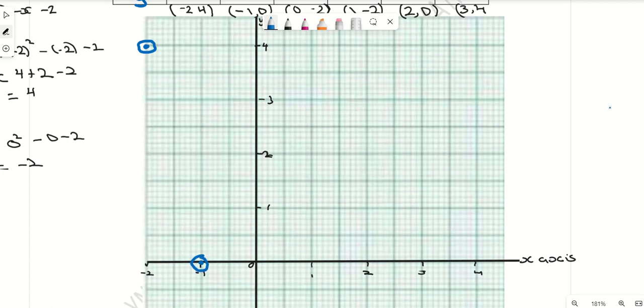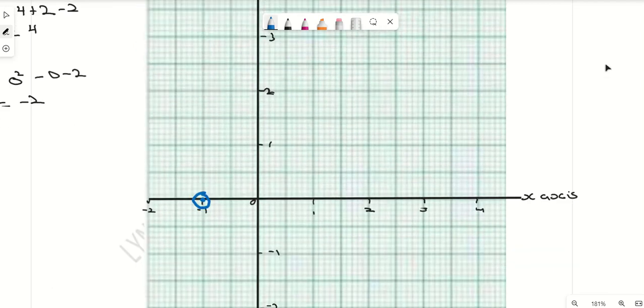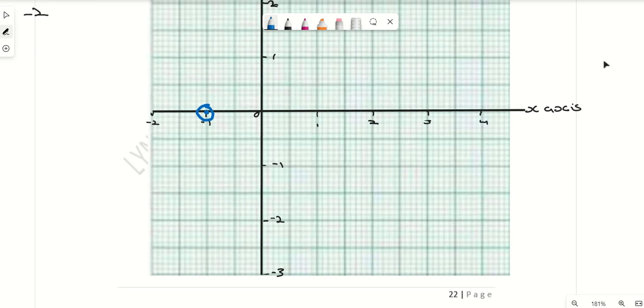The next one is 0, -2. X is 0, y is -2. We know on our y-axis, x is 0, so that would be right here. The next coordinate is 1, -2. So x is 1, y is -2, so that's right here.